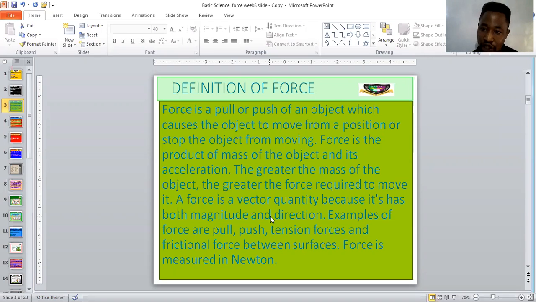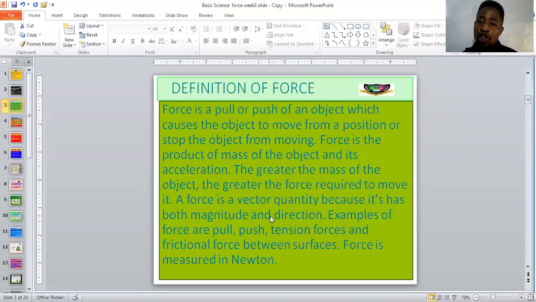I said in my explanation that in order to get something moving from where it was before, you need to apply what? Force. And if you apply force, that object would go from where it was in the particular direction of force that you have applied. If you have kicked a ball in an upward direction, the ball is going to go in that direction. If you kick it in a sideways direction, either to the left or to the right, the ball is going to go in that direction.